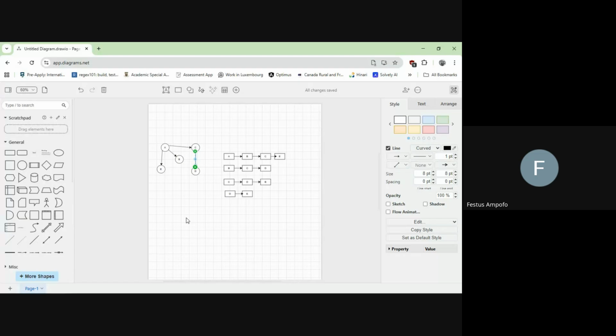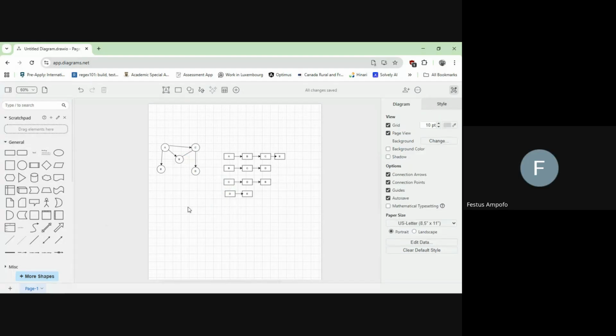B connected to C, and C connected to B. You have C to D and B to C. So we have the two arrows, like this.